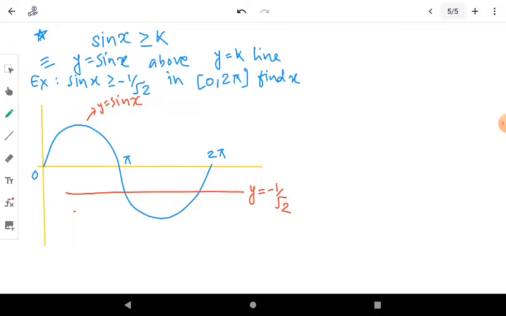Now can you tell me which part of the graph of sin x is above the line y equals minus 1 by root 2?